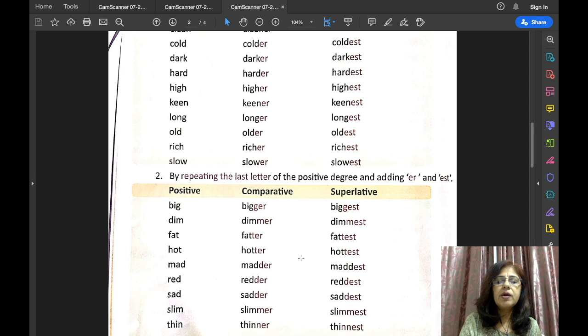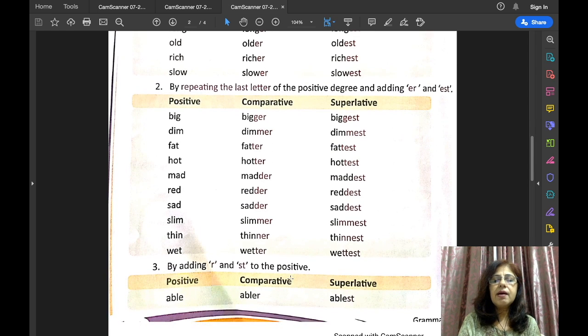Fat, fatter, fattest. Hot, hotter, hottest. Mad, madder, maddest. Red, redder, reddest. Sad, sadder, saddest. Slim, slimmer, slimmest. Thin, thinner, thinnest. Wet, wetter, wettest.